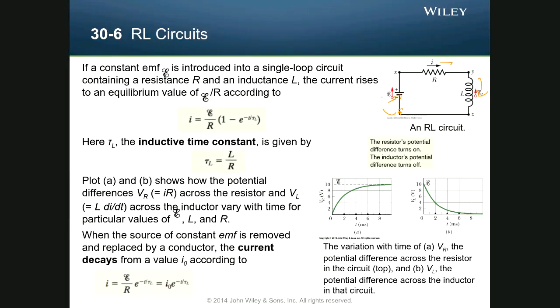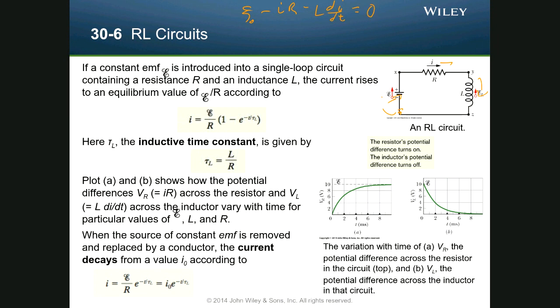So we'll have epsilon naught, minus IR, and then I don't want to mess up the sign, I believe it's going to be minus L di/dt. And that's going to equal 0.